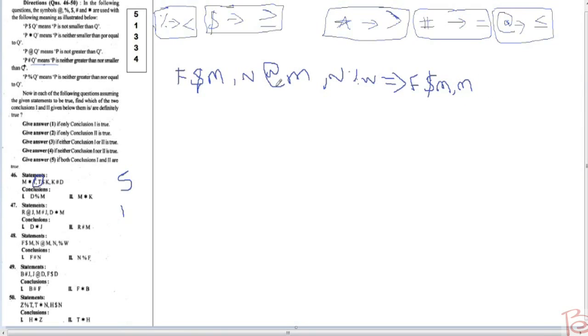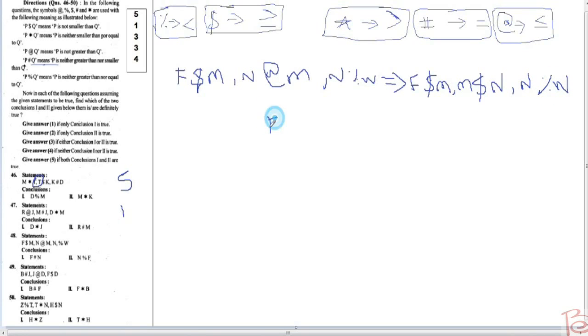Since I'm changing the order, I have to put the opposite sign of at. At basically means smaller than or equal to, so I have to replace it with the dollar sign n, because the opposite of at is the dollar sign. So n, and the last one is given as it is, percentage w.